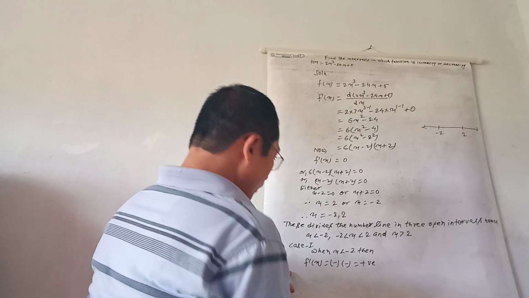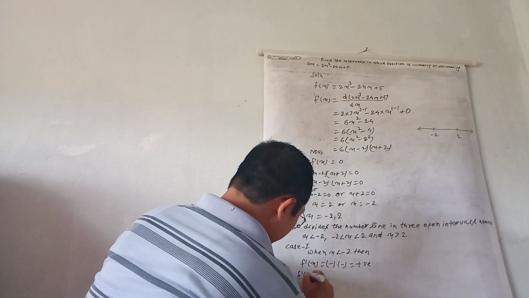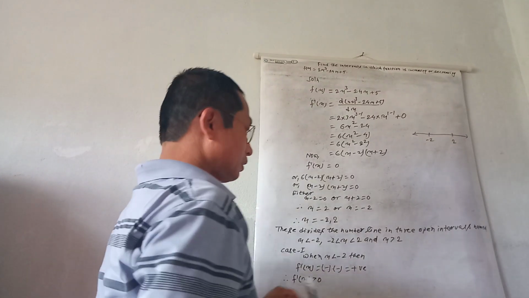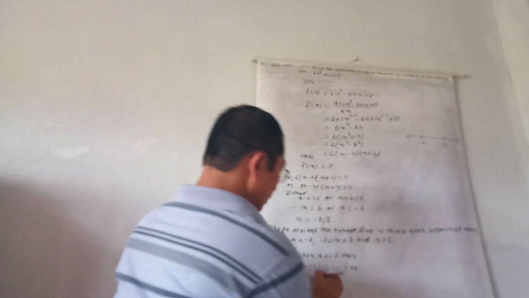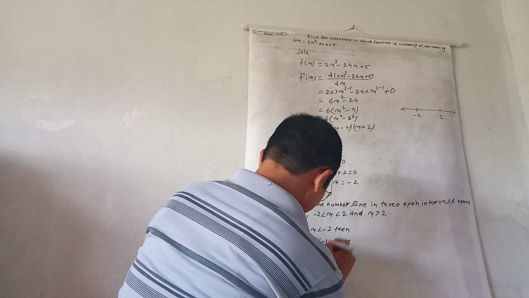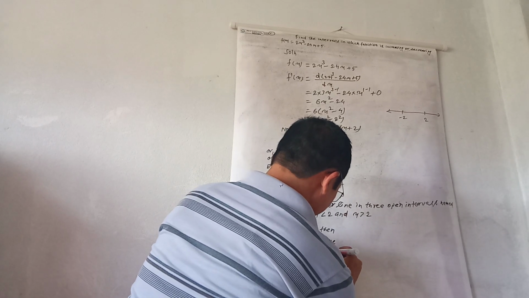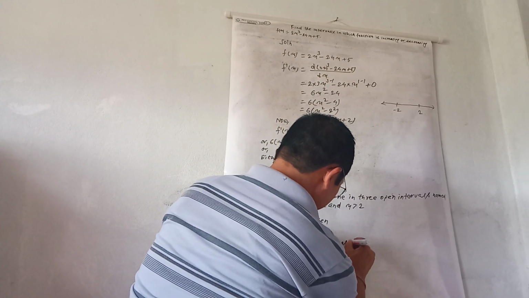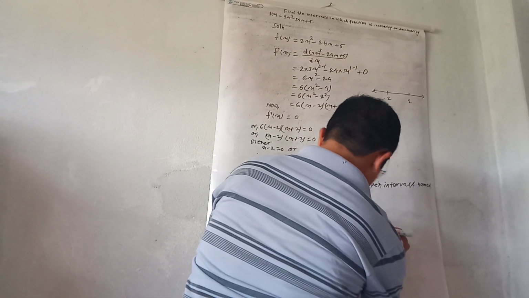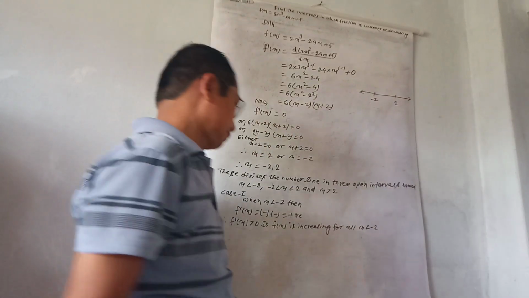Here we can write, since the first derivative is greater than 0, is positive, therefore f(x) is increasing for all x smaller than -2.